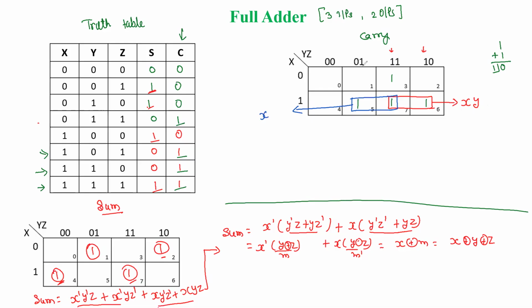Column wise what is common here? 1. So again this one we are writing xz. And one last pair is there, that is the minterms 2 and 7. For this again, row wise nothing is common. Column wise what is common? yz. So finally for the carry, we are going to get the expression xy plus yz plus xz.